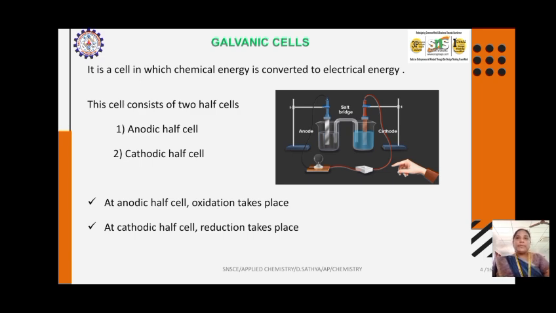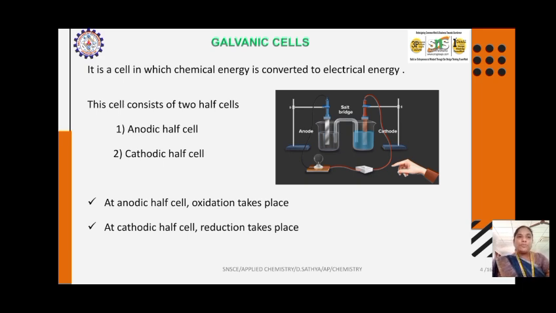So what is meant by galvanic cells? Galvanic cells are a very important type of electrochemical cell, in which chemical energy is converted into electrical energy. This cell consists of two half cells: the anode half cell and the cathode half cell.